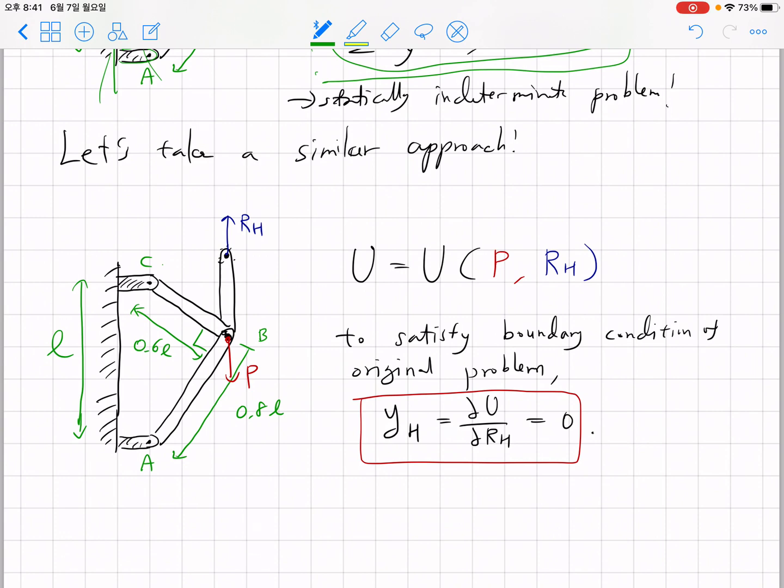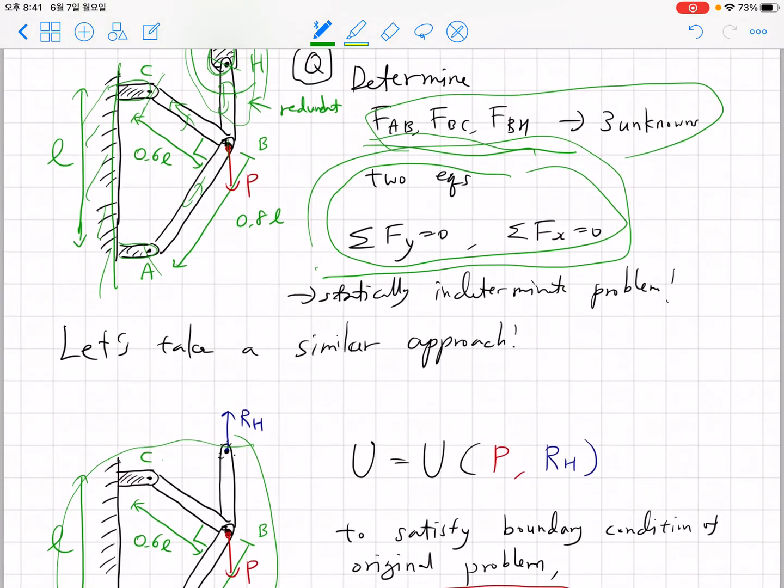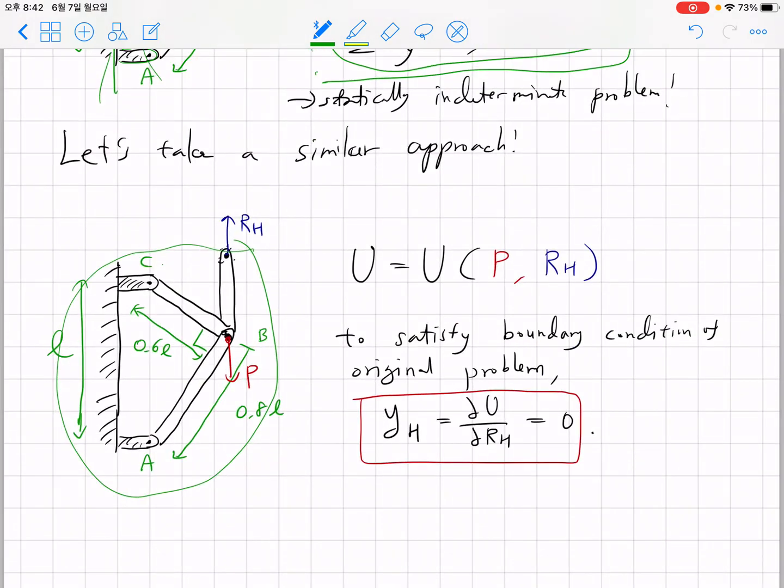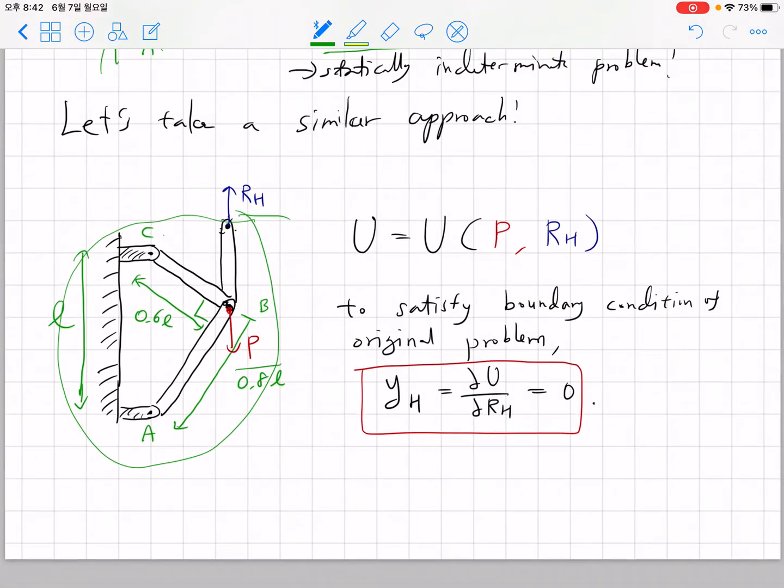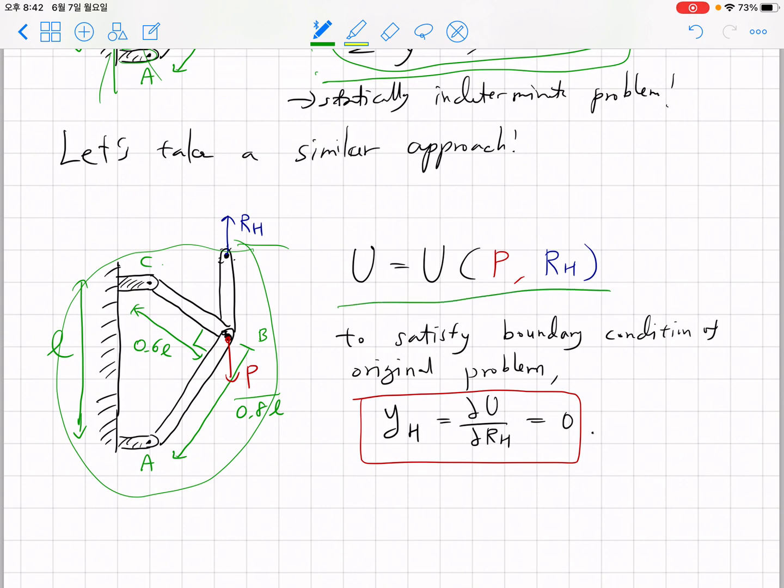So here what we're gonna do is the following. We're gonna consider this structure, a part of that structure, under two forces P and RH. RH is the force from this top support, and we can write down U as a function of P and RH.